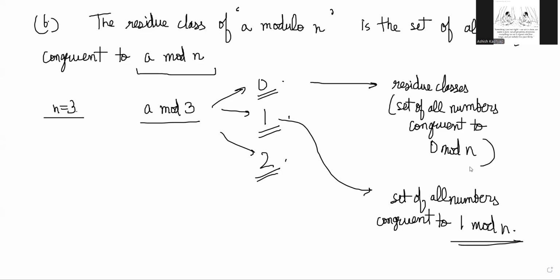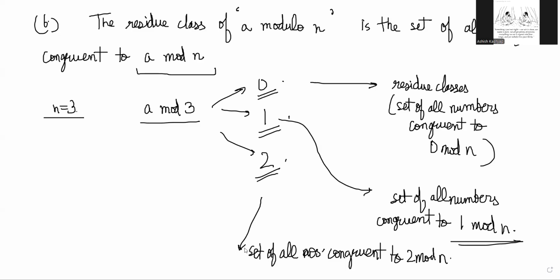In this case, n is 3. So here this residue class is the set of all numbers that are congruent to 2 mod n. If you think about it, all of these sets are infinite sets. The set of the 0 mod n residue class is all the numbers like this: 0, 3, 6, -3, -6. This is an infinite set of multiples of 3, right?